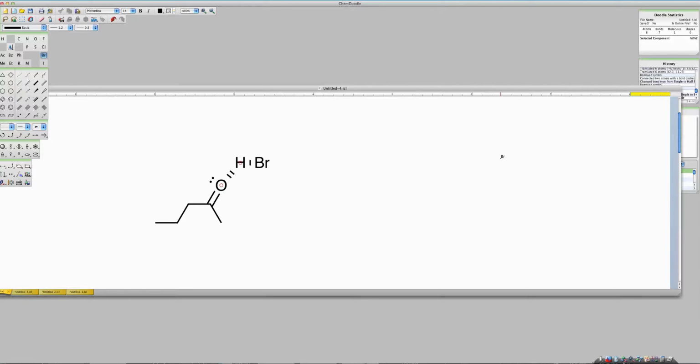And so the oxygen is going to begin to assume a partial positive charge, while the forming bromide will begin to assume a partial negative charge. And of course, after this first step of the reaction is complete, notice we have a conjugate acid and a conjugate base.